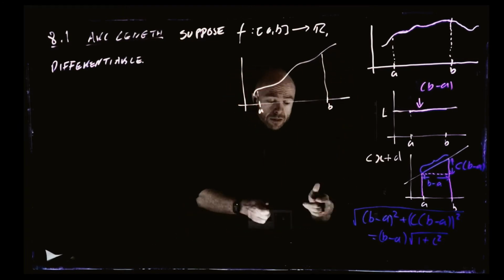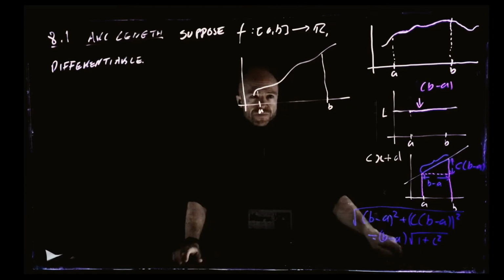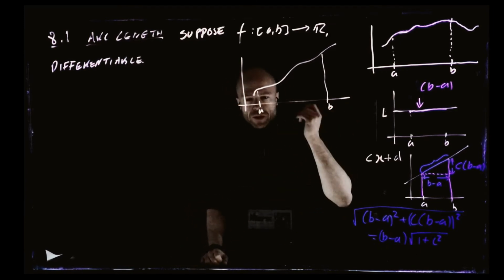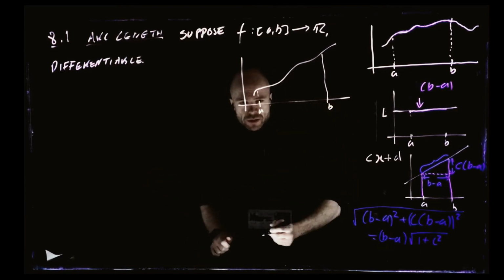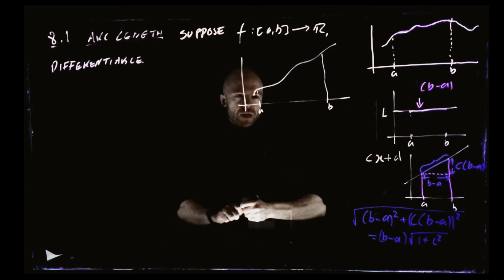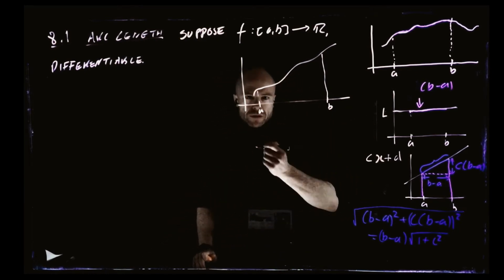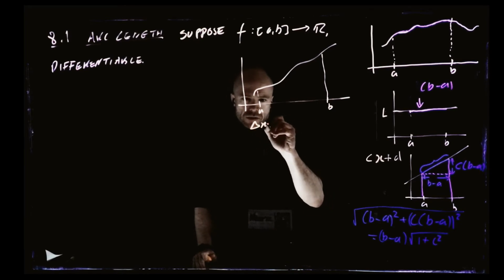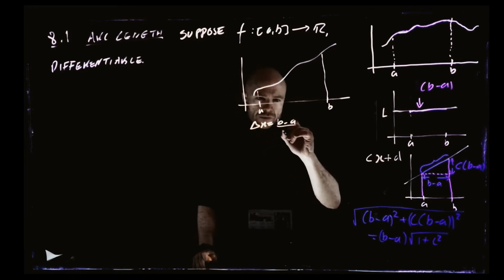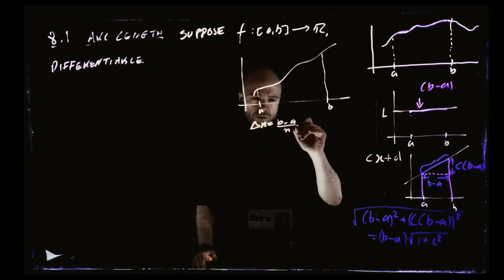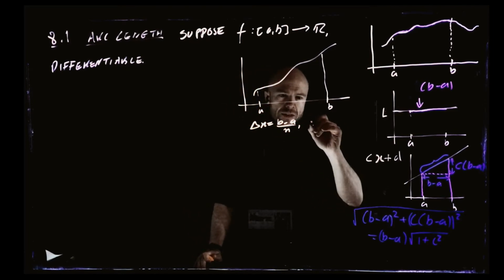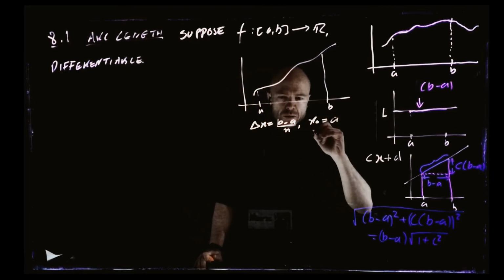Okay. So what we're going to do is cut up the interval a to b into little pieces, equal sized pieces, as we've become very used to doing from Riemann sums, from integration. So we're going to let delta x be (b minus a) over n for some large number n, which we'll choose later. Then we're going to let x0 be equal to a.